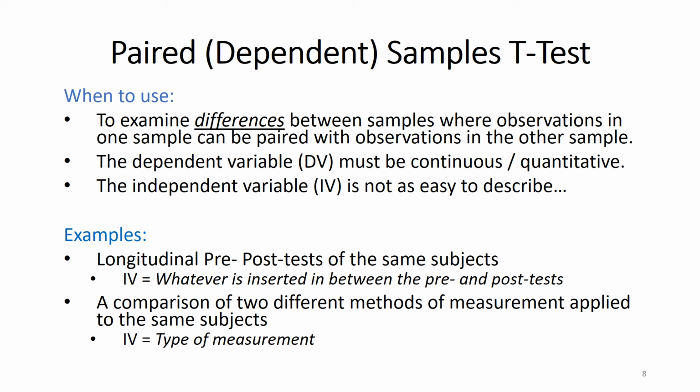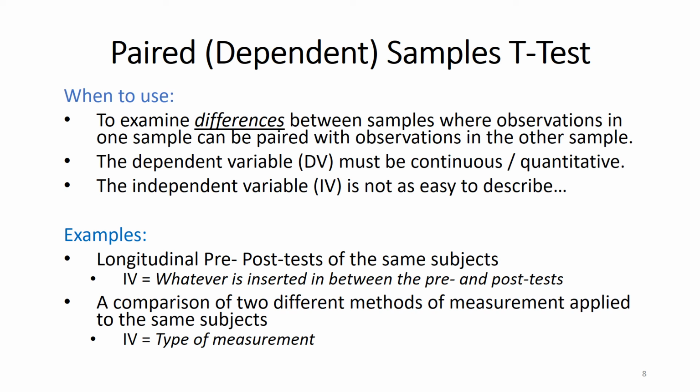So let's say we wanted to compare your blood alcohol level versus the reading that we get from a breathalyzer test. We could also do that with a paired samples t-test. Each person would submit both a blood test as well as a breathalyzer test, and then we would compare the outcomes for both of those to see whether or not there's a significant difference in the level of alcohol measured within their system.